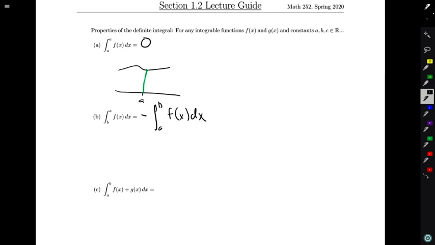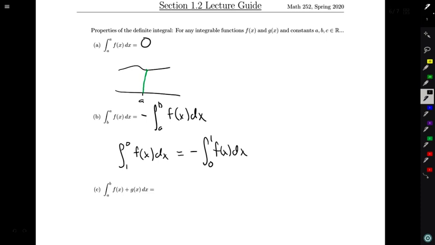What this is really telling us how to do is not anything about areas that we already know, but instead it's saying that if you want to compute the integral from, let's say, 1 to 0 of f of x dx, which is normally a strange thing to write down, since we would normally put the 1 on top and the 0 on bottom, since 0 is less than 1, it's telling us that this is going to be equal to the negative integral from 0 to 1 of f of x dx.